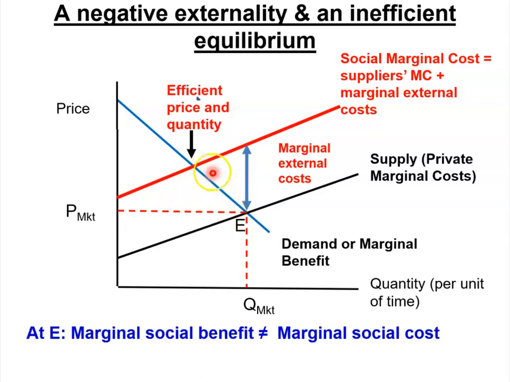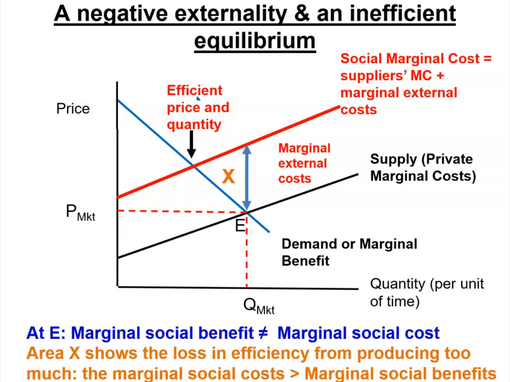So the difference between the extra costs and the extra benefits for every additional unit that gets produced, if we added that up, that would come to X, the area of that triangle, which we could in principle measure in dollars. So just to summarize, that shows the loss in efficiency by producing too much of this good, and therefore, of course, too little of something else.